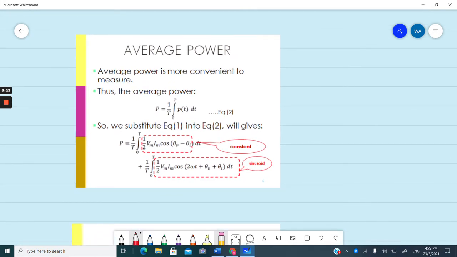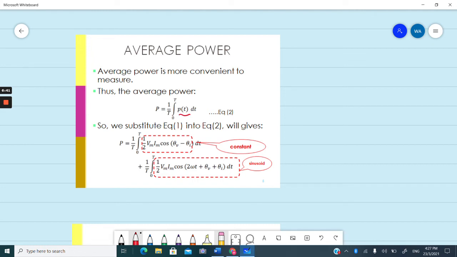So average power, as a definition, we will integrate the instantaneous power. P equals 1 over T times the integration of p(t).